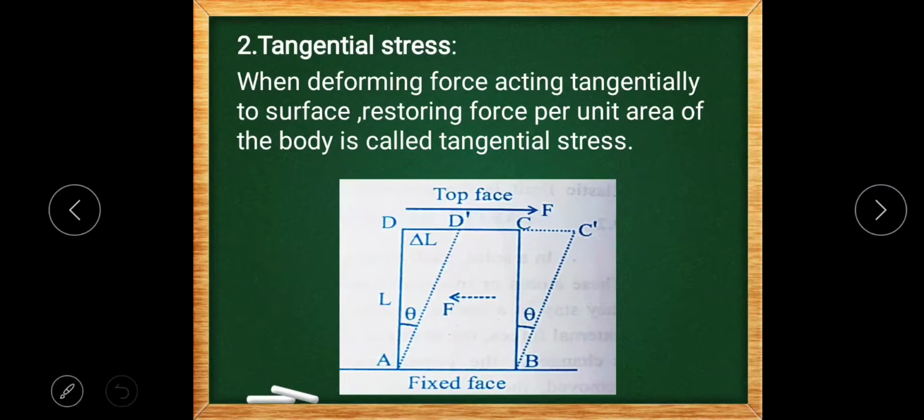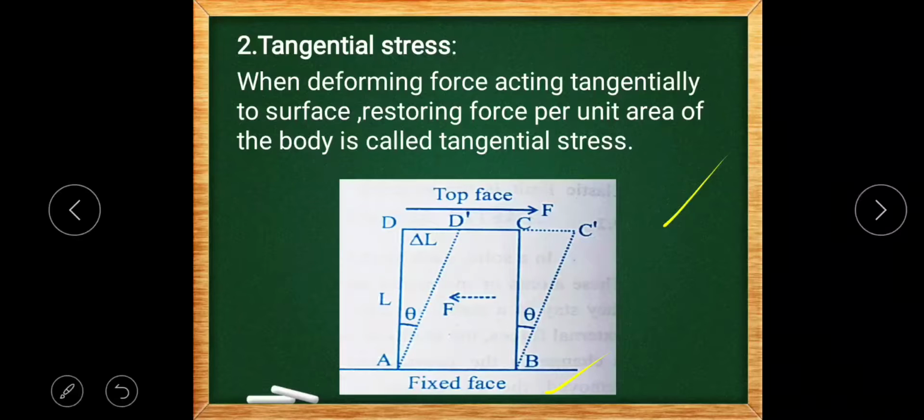The second type of stress is tangential stress. When a deforming force acts tangentially to a surface, the restoring force per unit area of the body is called tangential stress. Here consider the diagram. In this diagram, the surface AB is fixed.